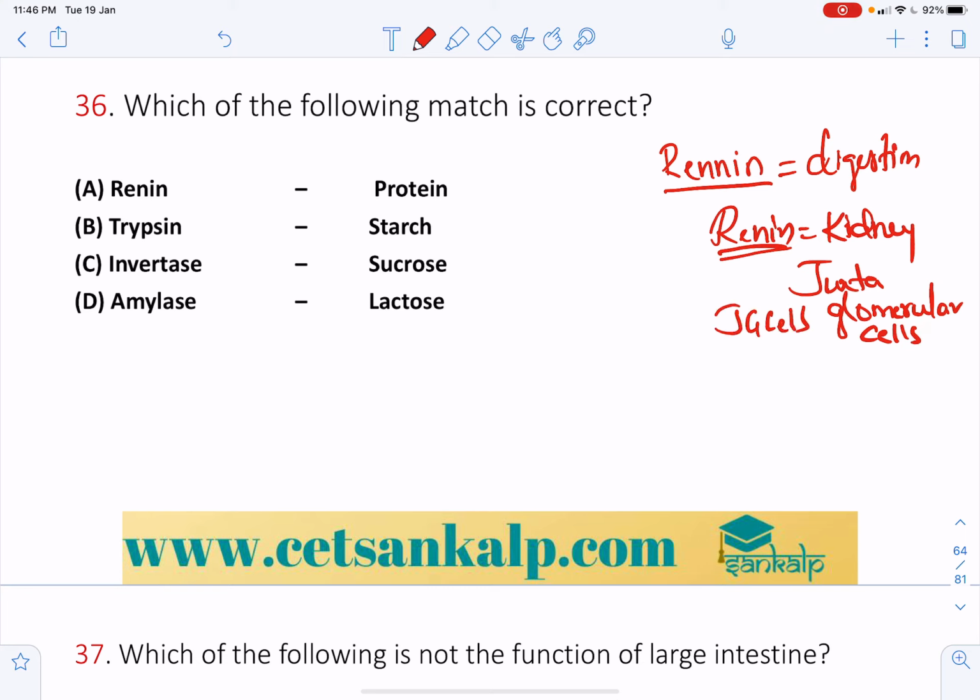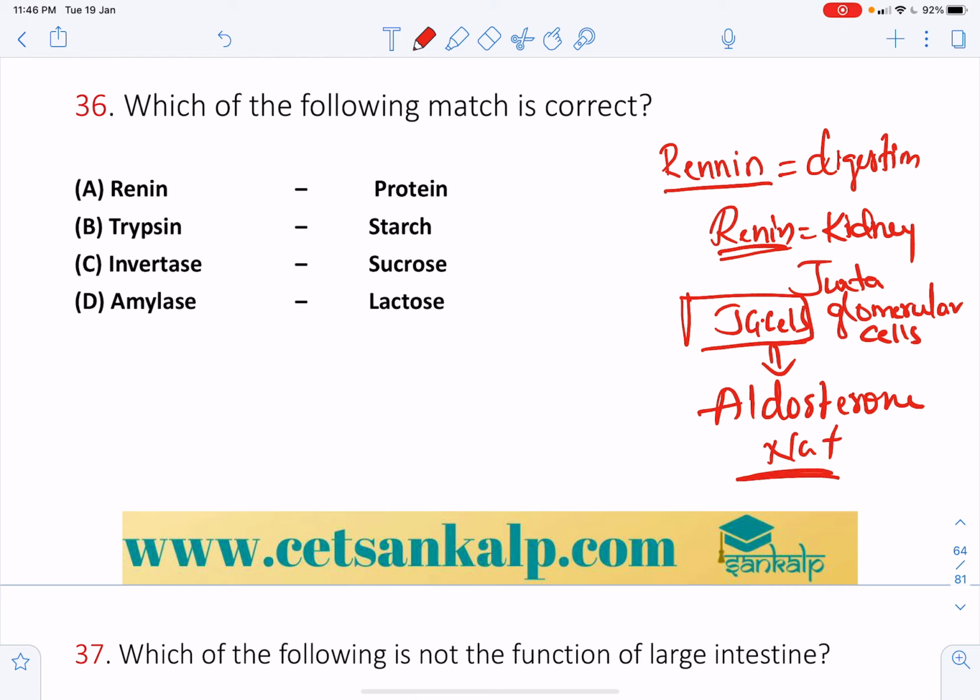JG cells produce renin, which stimulates the adrenal cortex to produce aldosterone, which plays a major role in the reabsorption of sodium ion, so that it maintains blood volume, or you can say blood pressure.